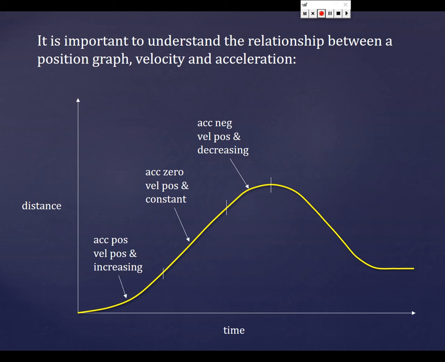Up at the top there, the velocity is 0. So what happens on the next interval? Go ahead. The acceleration is negative, the velocity is negative, and decreasing. Yes, I think you said all that, right? Here now finally we're at a place where the velocity is negative.